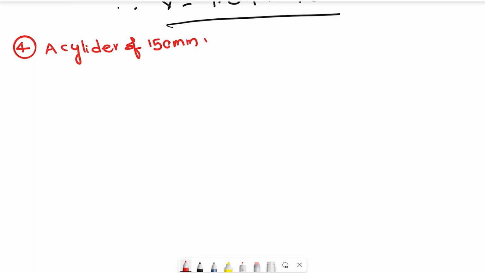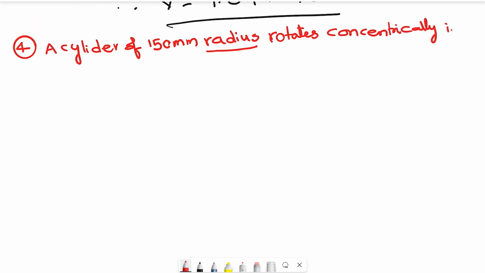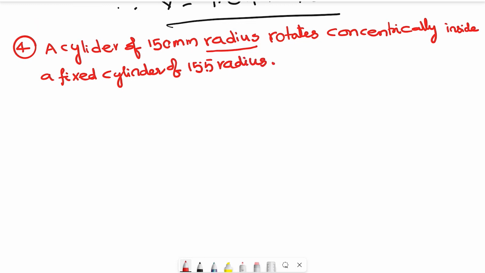Please see whether the person has given radius or diameter. Both cylinders are 300 mm long.